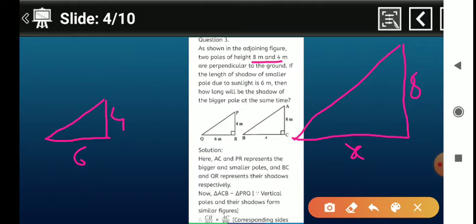So consider the diagram. The smaller pole is represented as PR and the bigger pole as AC, and their shadows are QR and BC respectively. So we have to find distance BC.